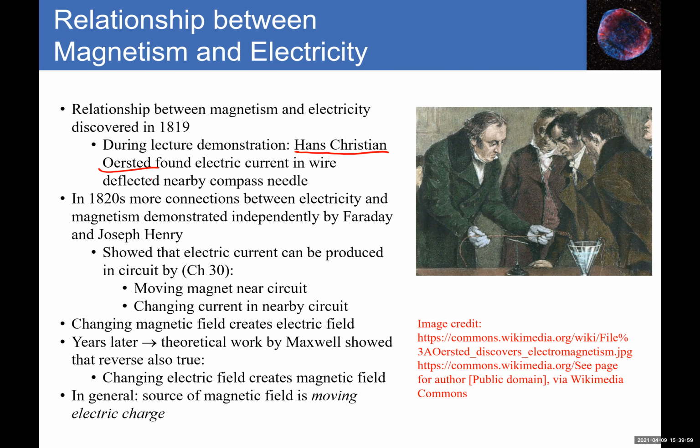That means he discovered a relationship between electricity, which is the current running through those wires, and a magnetic field, which is the compass. Remember, the needle of the compass is a magnet. So if there are no sources present, it always aligns itself with Earth's magnetic field.